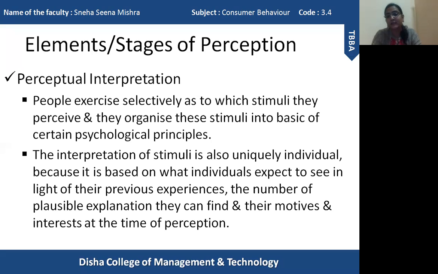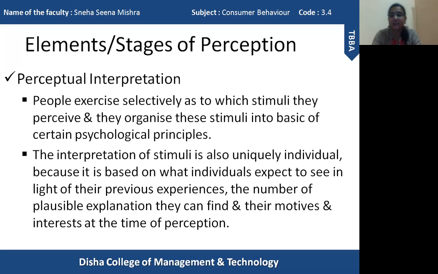That is the basic perceptual selection and perceptual organization. After organizing all the stimuli, we interpret them, which is completely based on the individual's thinking capability, mindset, point of view, interest, needs, requirements, motives, as well as previous experiences, and the explanation about the stimuli.